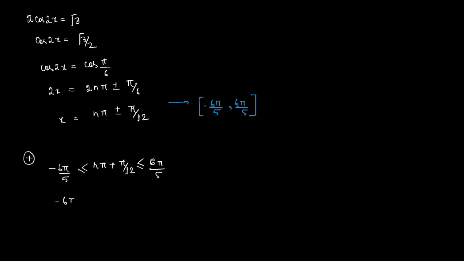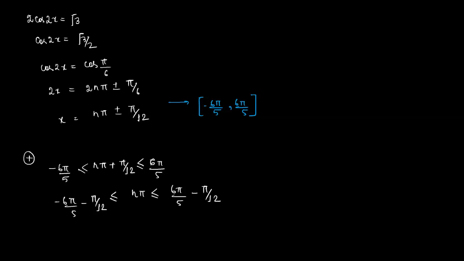So minus 6 pi by 5 minus pi by 12 less than or equal to n pi less than or equal to 6 pi by 5 minus pi by 12.